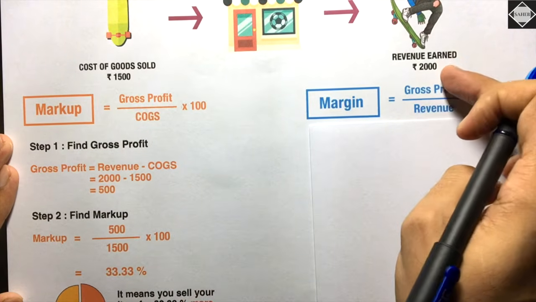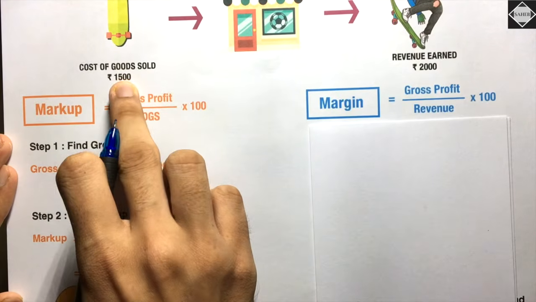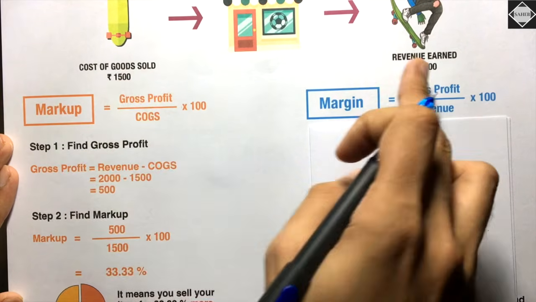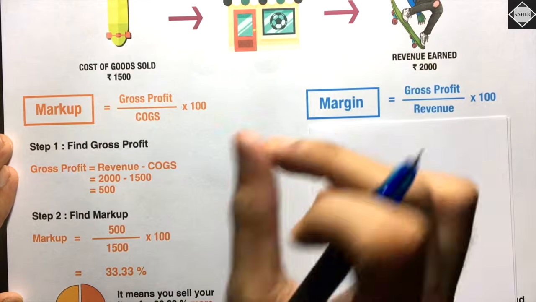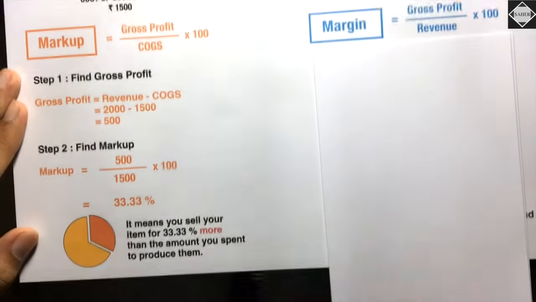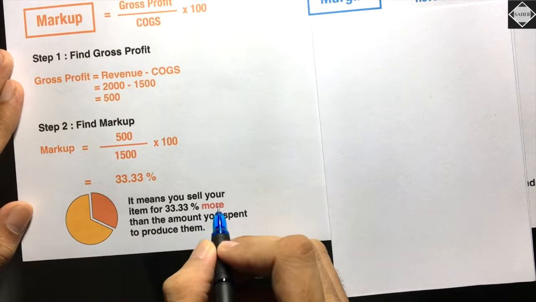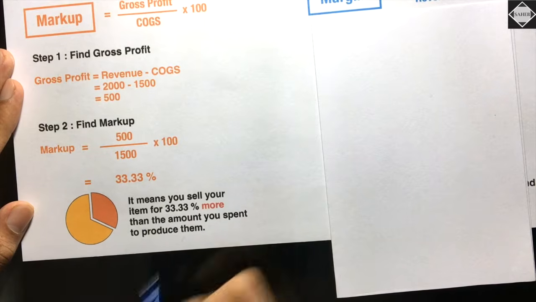This revenue of 2,000 is 33.33% more than 1,500. That's the understanding here. It means you sell your item for 33.33% more than the amount you spend to produce them.